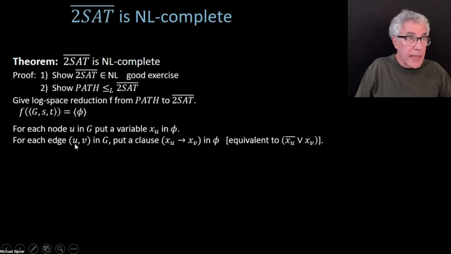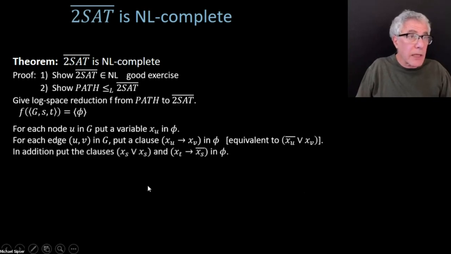So if there's an edge from U to V, then there's going to be an implication in the formula that says if XU is true, then XV is true. And note that that's equivalent to the more conventional way, XU complement or XV. These are logically equivalent. So I'm not cheating you here in terms of being a two-SAT problem. They really just look like this.